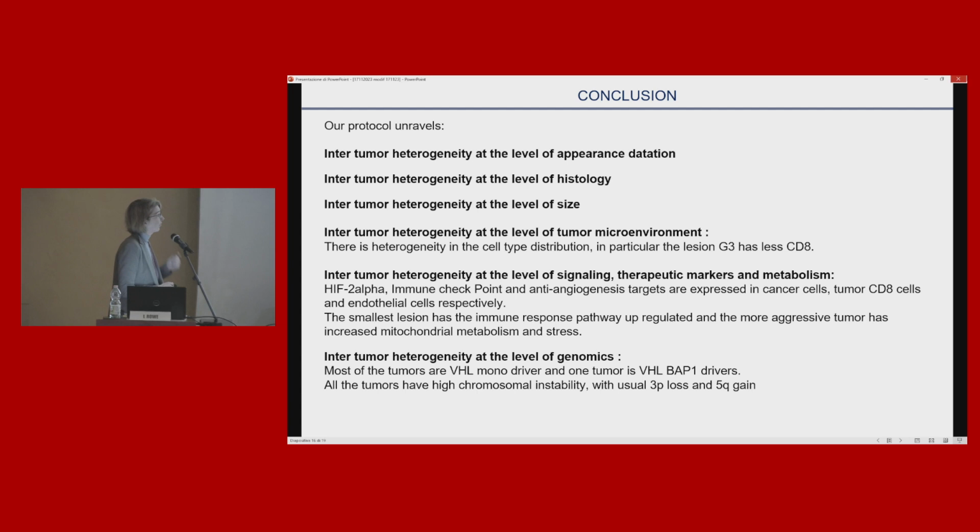Also at the level of signaling, like fatty acid metabolism and mitochondrial metabolism, the therapeutic markers. And also we found at the level of genomics that most of the tumors were VHL monodriver and had a mutation in BAP1. And all the tumors have high chromosome instability with usual 3p and 5q gain.